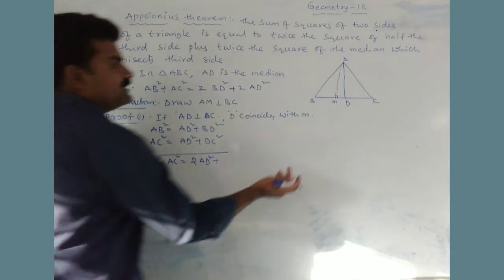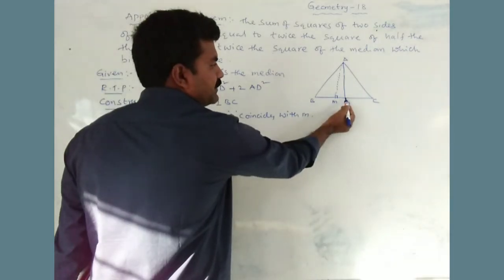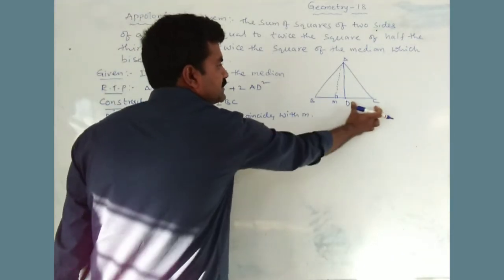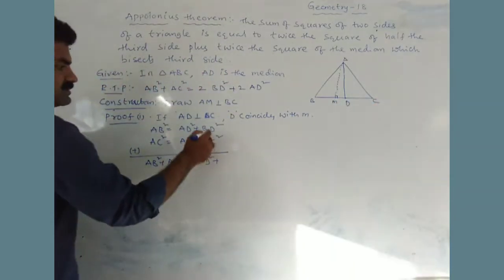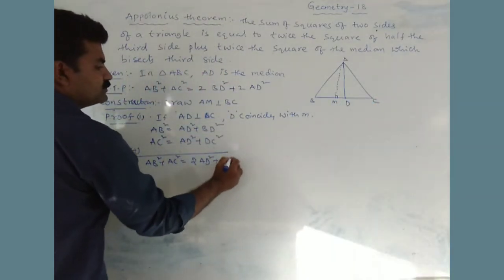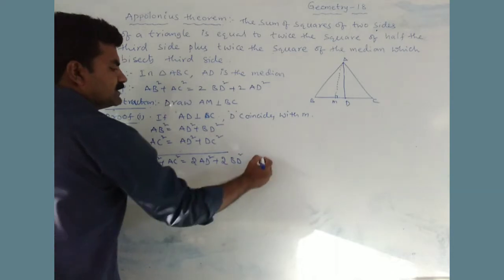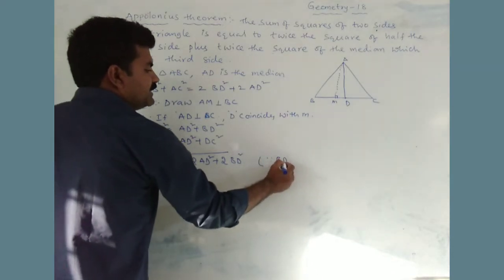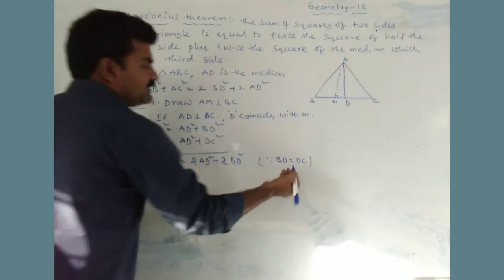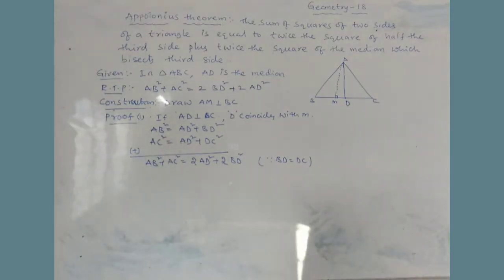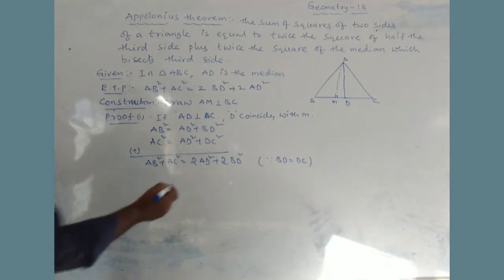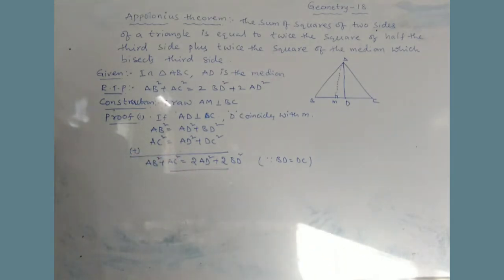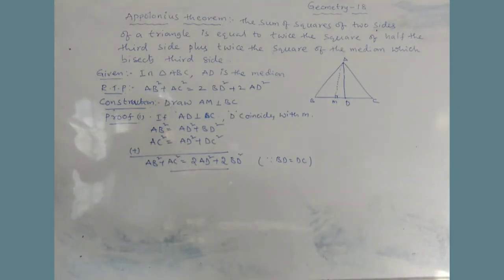And you know children, D is the median, meaning midpoint, then BD is equal to DC. So I can write it as 2 into BD square, since D is the midpoint of BC. So in case 1 we proved in a very simple manner.